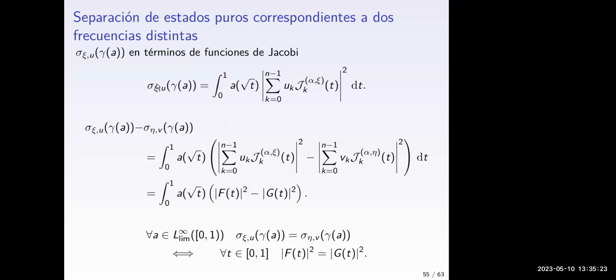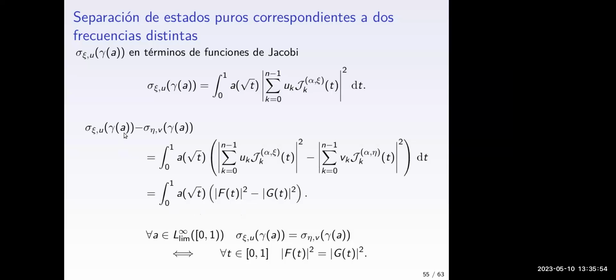Because if we just think about this first pure state, sigma xi, and sigma eta, and we subtract them, we have this integral. Now here we denote this sum as ft, and this other sum by gt.